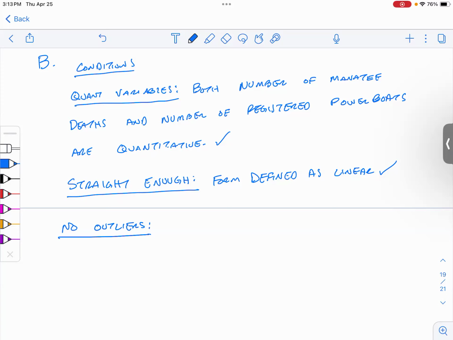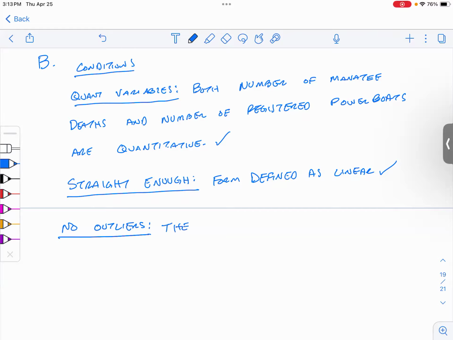All right, the no outlier condition. I specified this before, I don't want to reemphasize this. It's actually not any outliers, it's specifically no influence points.